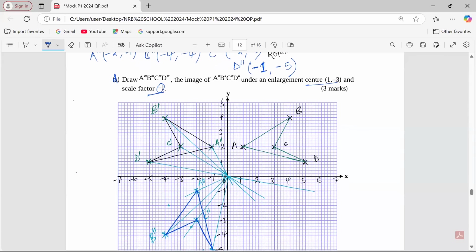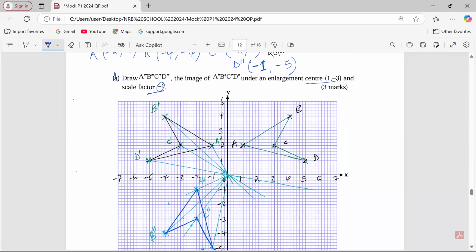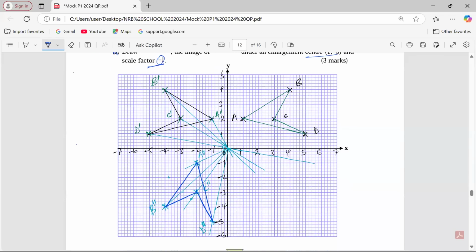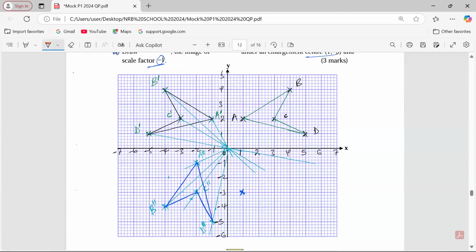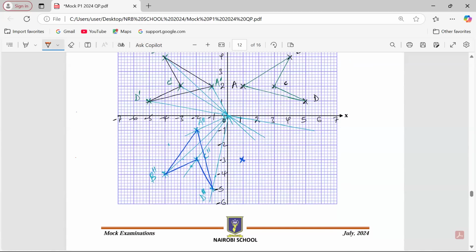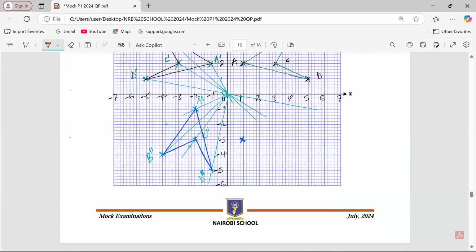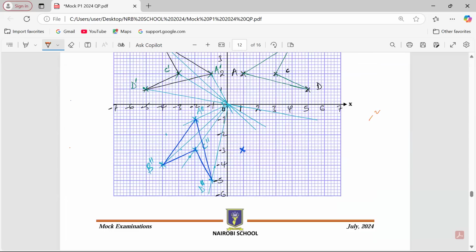Therefore, I'm supposed to identify the center first, 1, -3. So center 1, -3 is here. That's our center of enlargement. Then after that now, I'll talk about joining every coordinate to that center. Then we move an equal distance to the other side. Equal distance means if it was -2, we would move twice the same distance.